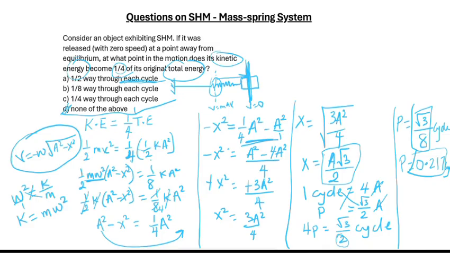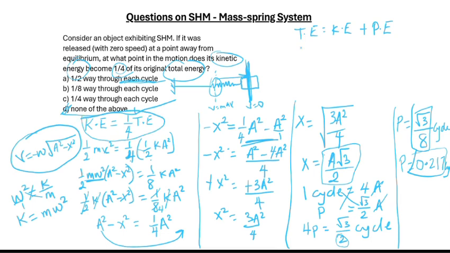And we can use another method in solving this. We know that our total energy is kinetic energy plus potential energy, and they say that our kinetic energy is actually 1/4 of total energy.